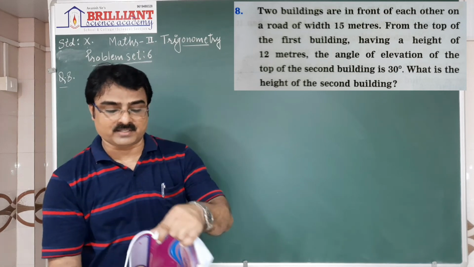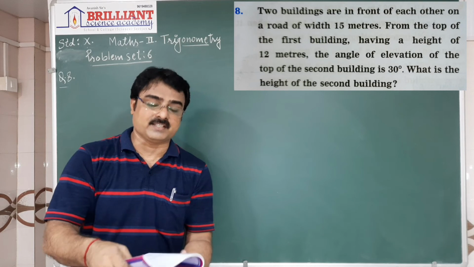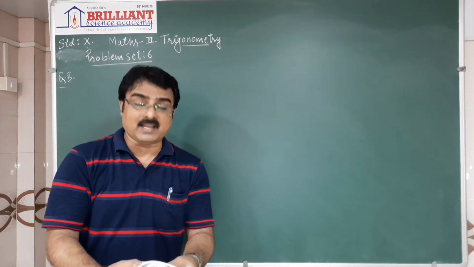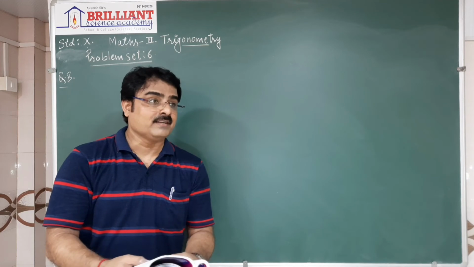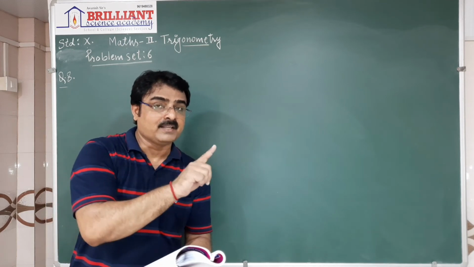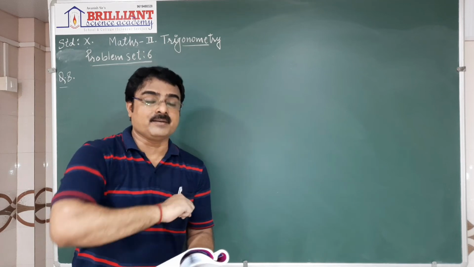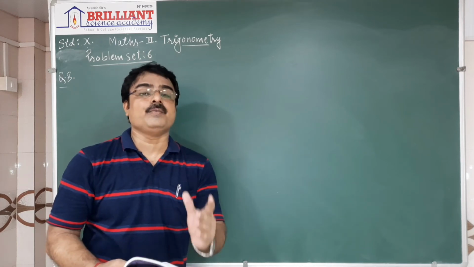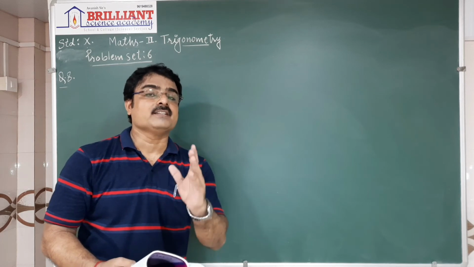Students, in this question, two buildings are facing each other and the height of one building is given, and the angle of elevation from the top of the first building to the top of the second building is given as 30 degree. In this question we will find the height of the second building.